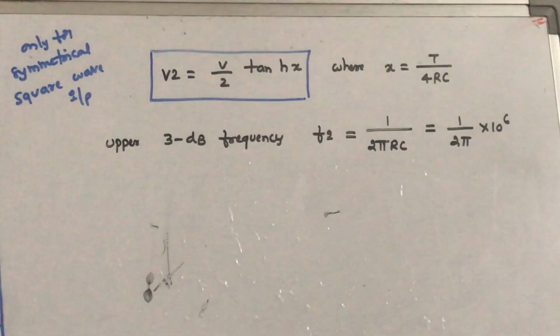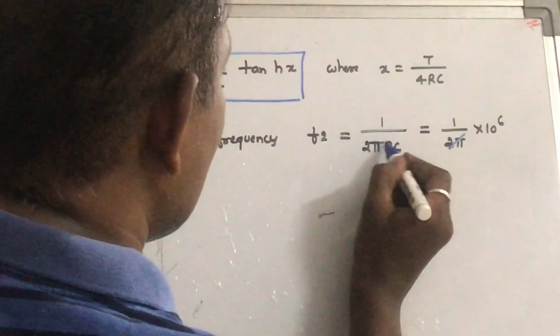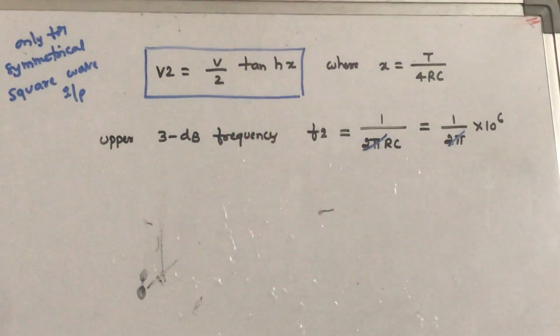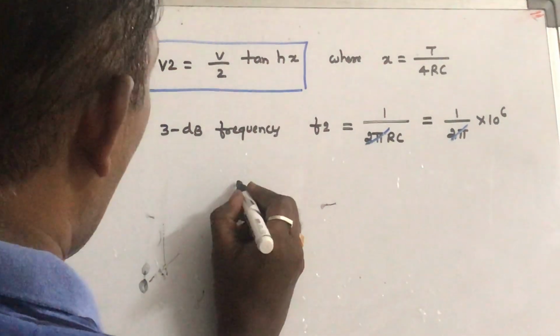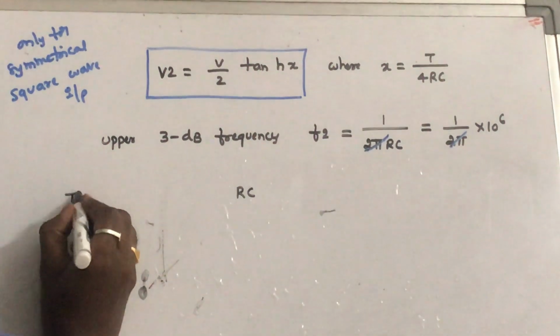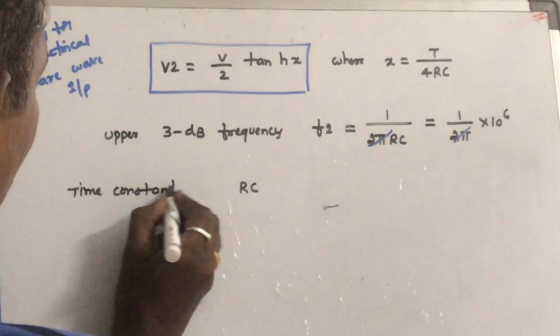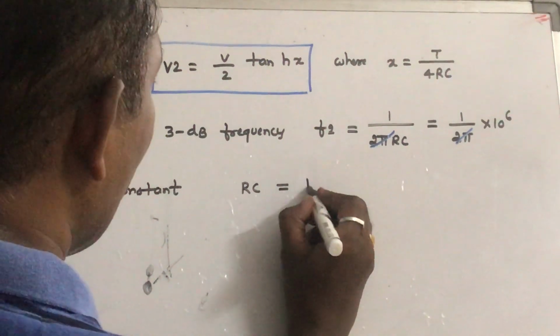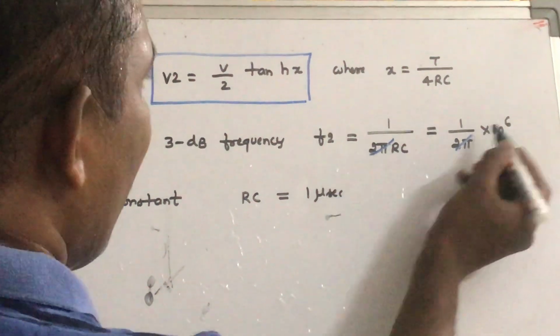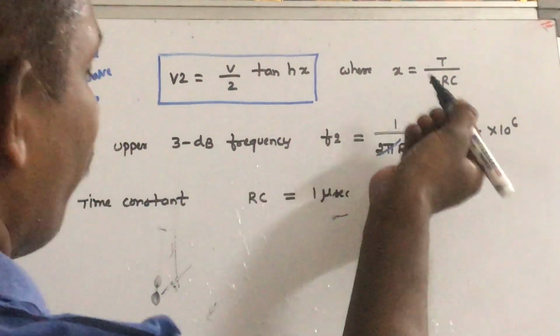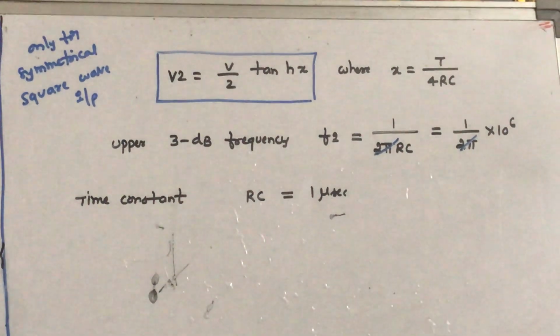Cancel out 2 pi with 2 pi, and RC will come out. The time constant RC is equal to 1 microsecond, a very important and simple formula.